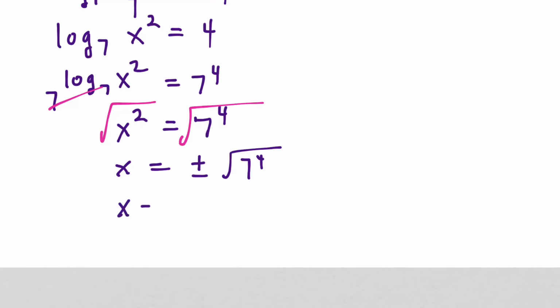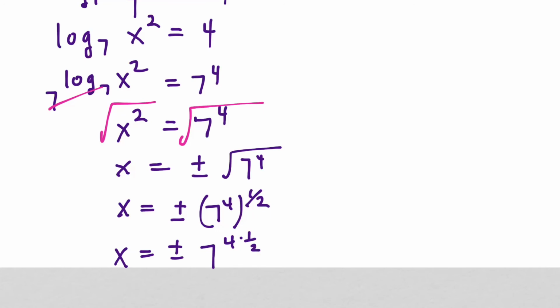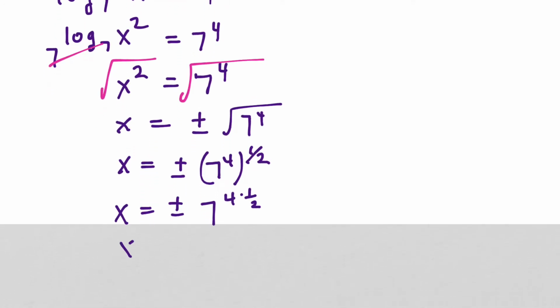So that's also x is equal to plus or minus 7 to the 4th power written with a rational exponent, which indicates a square root. So that's the same thing as x is equal to plus or minus 7 to the 4 times 1/2, which is 2. So this is x is equal to plus or minus 7 squared, and we know that 7 squared is 49. So this is really plus or minus 49.